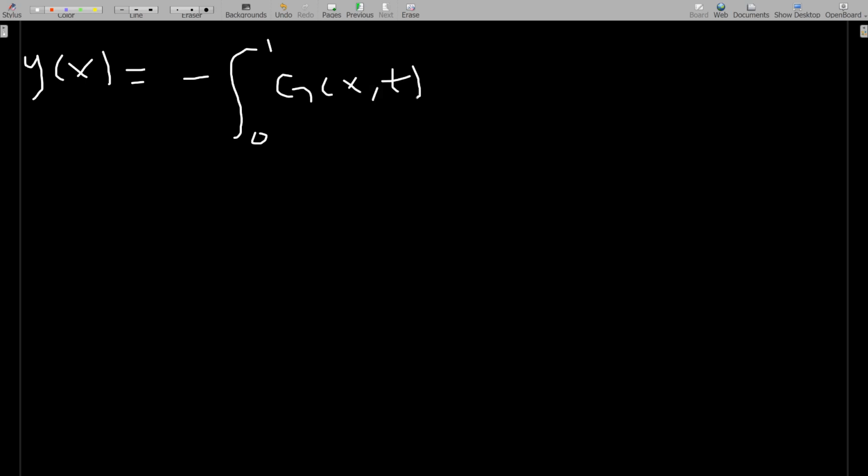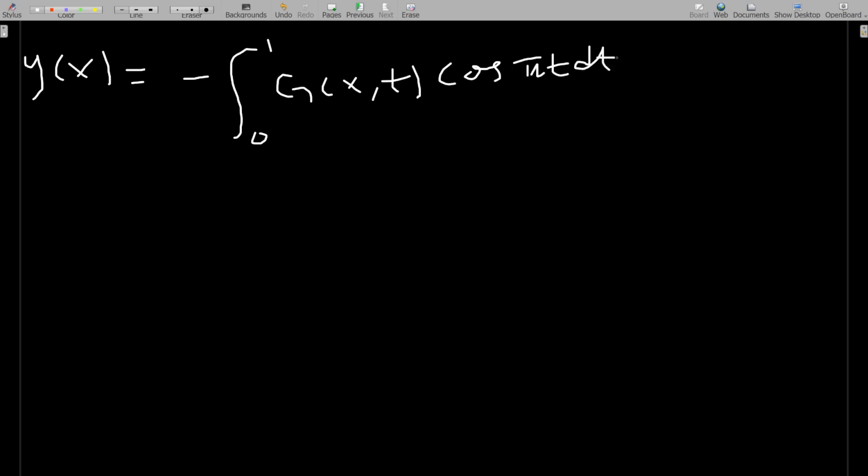So the next task is to find the solution. The actual question was we should solve for this, and we said that the solution is y of x, in the starting point, equal to minus integral from 0 to 1 of g of x,t times cos pi t dt.